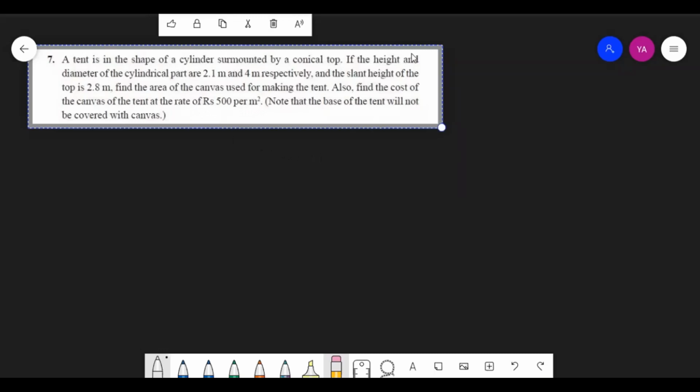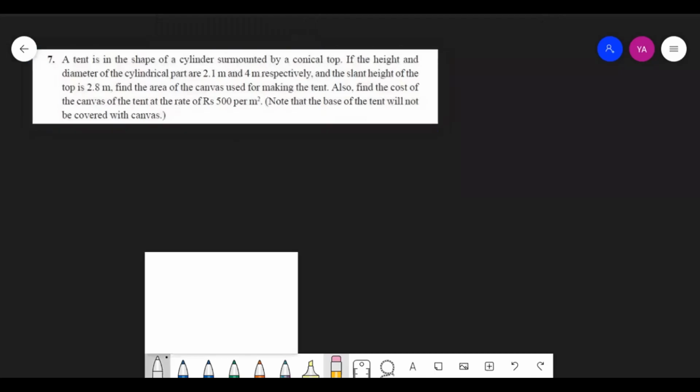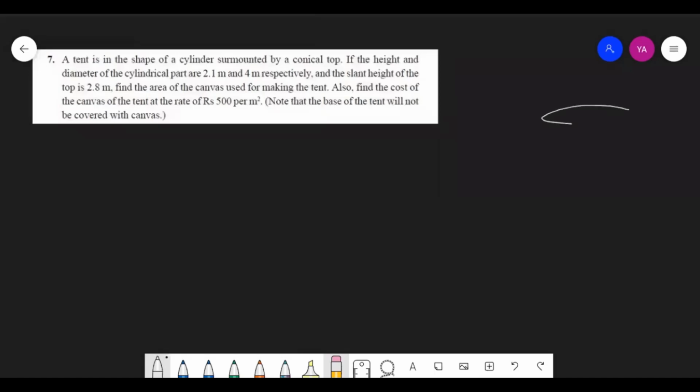So first of all, we want to draw the picture. How will the picture look? First we start with a cylinder. I think a flat cylinder, because the height is only 2.1 and the diameter is 4. So this will be a little bit flat cylinder, almost like this.